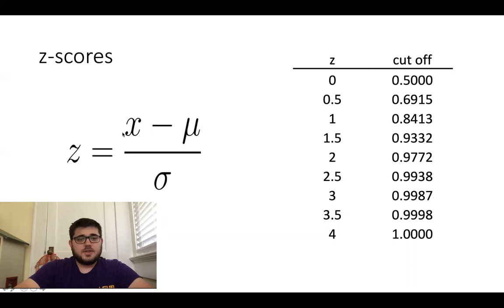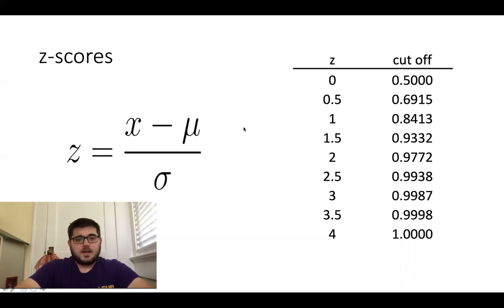The numerator in this equation is literally the distance between an observation X and the population average mu. A Z-score comes with one caveat though. It's the distance between an observation and the mean, but it's in units of standard deviations. So it's kind of like asking how many standard deviations away from the mean are you?